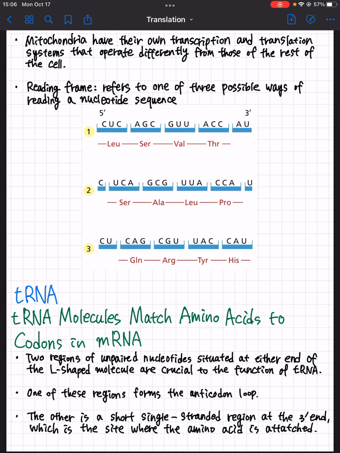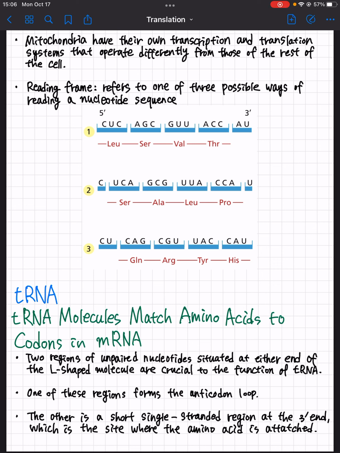The sequence of nucleotides in the mRNA molecule is read in consecutive groups of 3. RNA is a linear polymer of 4 different nucleotides, so there are 64 possible combinations of 3 nucleotides. However, only 20 different amino acids are commonly found in proteins.